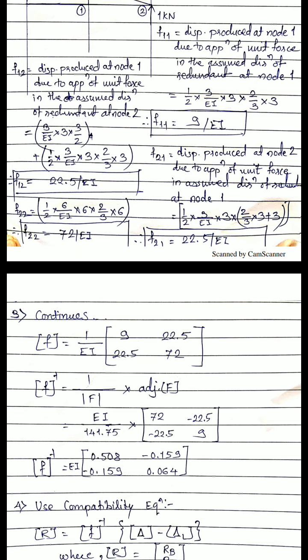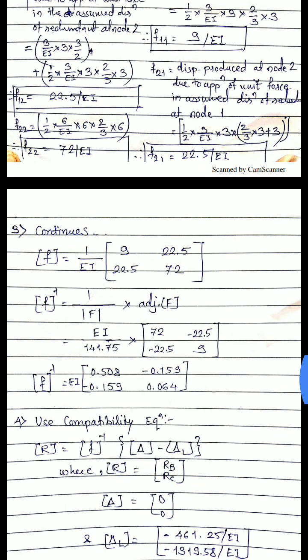So only you have to replace these two elements, and you have to change the sign of your non-diagonal elements. So that means 22.5 will become minus 22.5. Both non-diagonal elements have to change their sign. So now this will be your adjoint matrix.